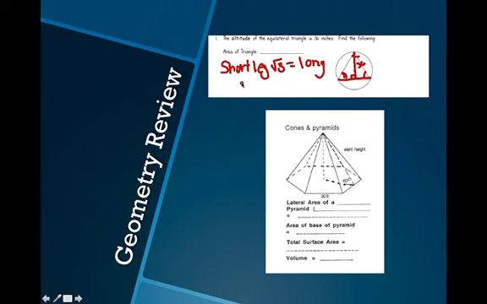So I don't know the short leg, but if I multiply that by the square root of 3, you get the long leg, which is 36. So I'm going to divide by the square root of 3, but you can't leave a radical in the denominator. So it looks like x is equal to 12 square roots of 3.